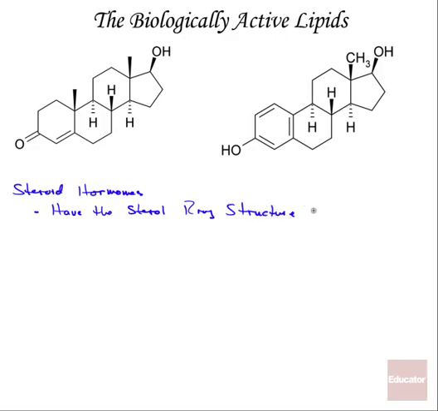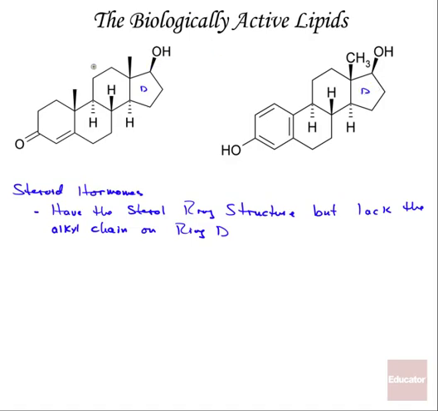A ring structure, but they lack the alkyl chain on ring D. So you remember when we looked at the sterol structure, this is ring D right here. Remember there was this long alkyl chain attached to it?